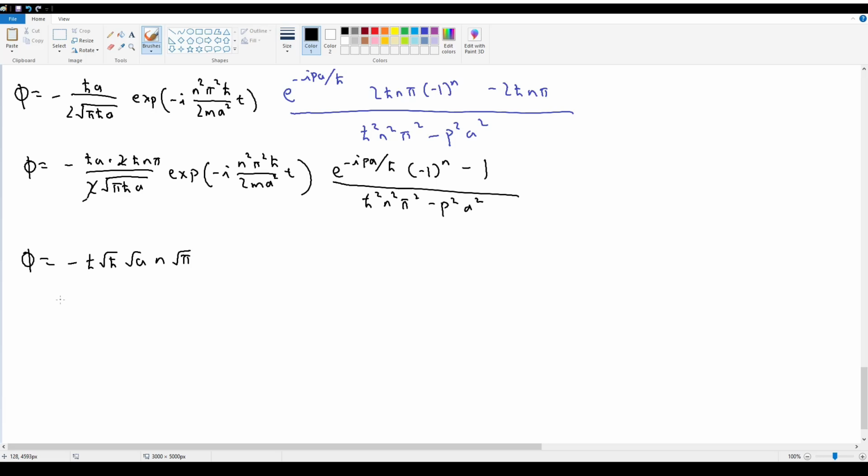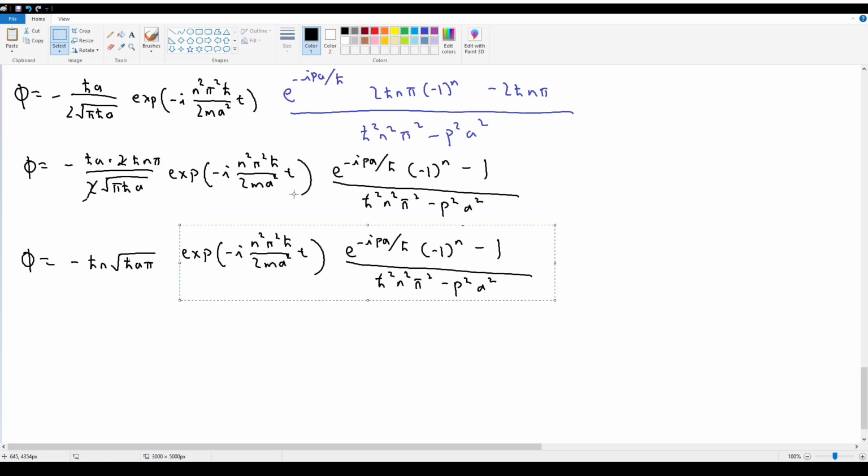So that's going to give you negative h bar n square root of h bar a pi as a constant in the front. Copy over the complex exponential and all of this. And with that, we are done with part A. This is just your expression for phi.